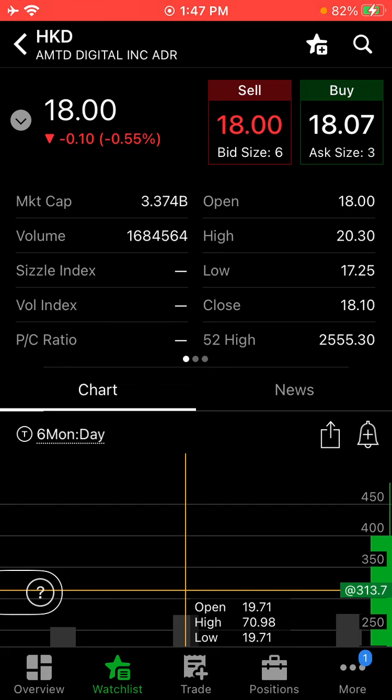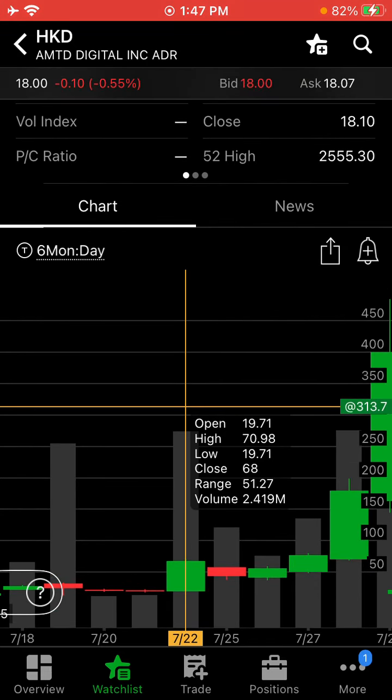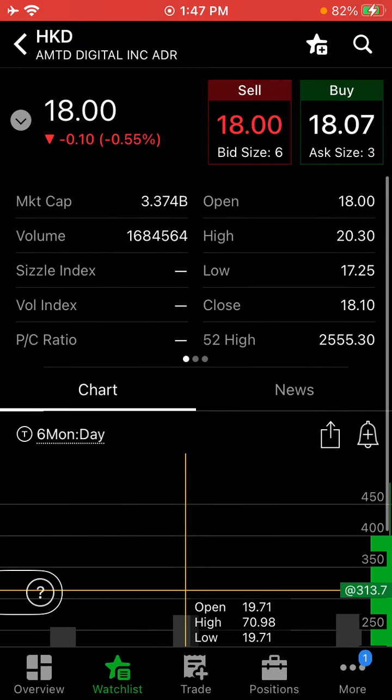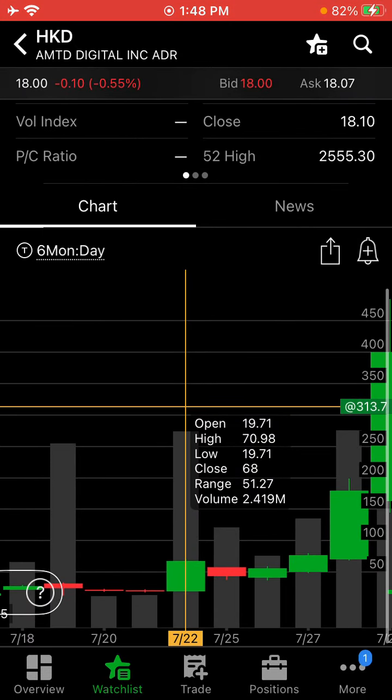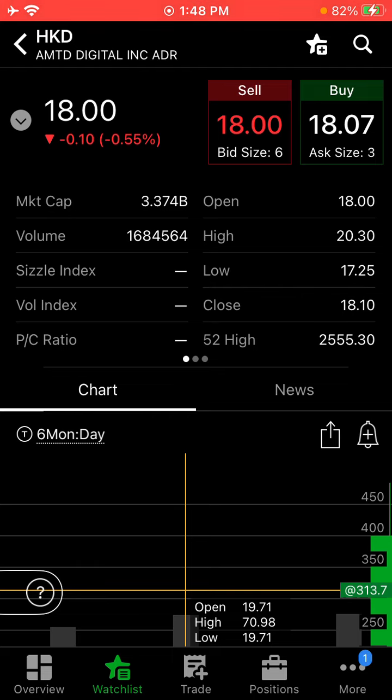Because at the time when it was around 70, I think the market cap was like over 10 billion or even 20 billion. So that's why sometimes it's not enough to just approximate the float like how I did with Tops.